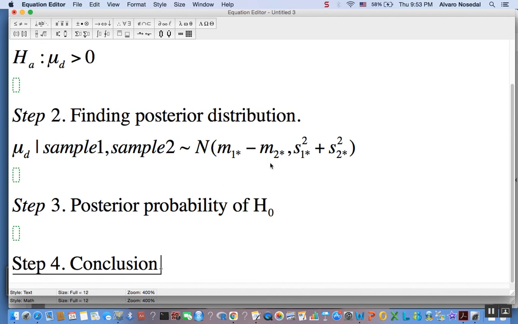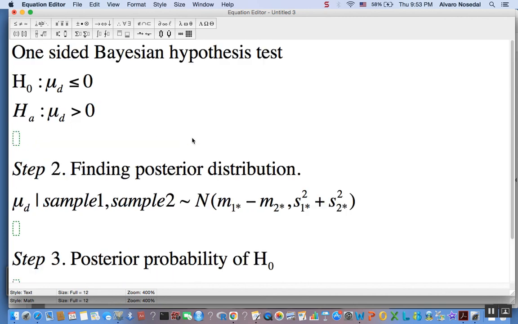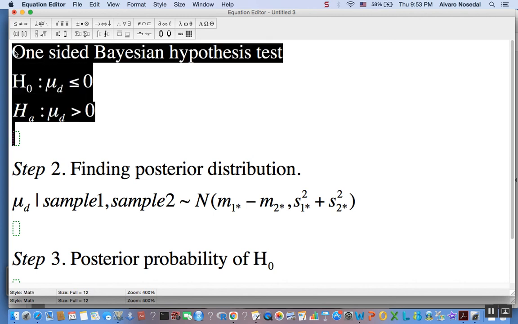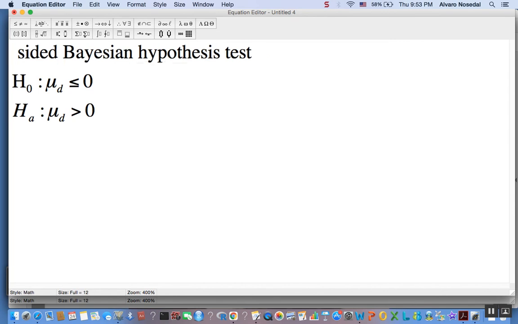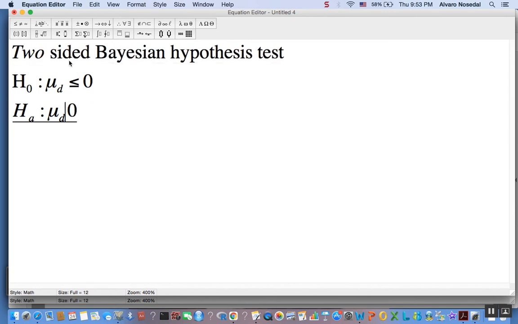Now, what if instead of that kind of alternative, you wanted to consider a two-sided alternative, meaning mu sub d different from 0, and then the null is that the difference is 0?